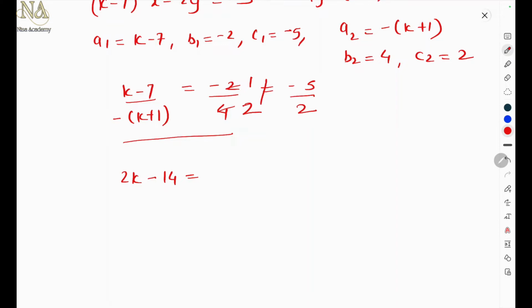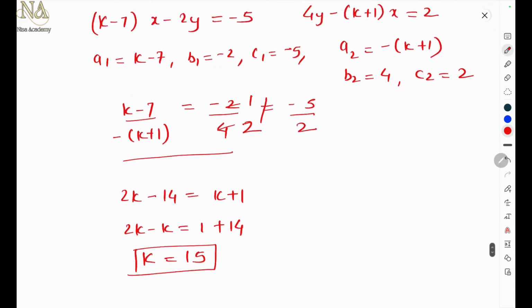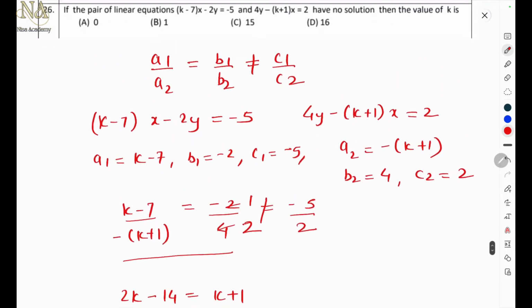So obviously minus 1 is to become plus, so I'll just write k plus 1. So 2k minus k, which is k, equal to 1 plus 14. So k equal to 15. Yes, so the option is option C, 15.